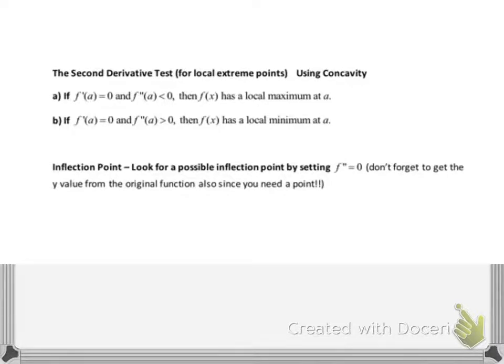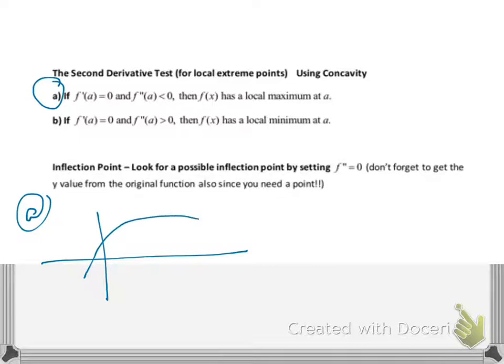So, for example, if I have a slope of 0, and we'll just say this is example A. Right here I have a slope of 0, and this is my A, and I take the second derivative and plug in A, and I get a negative value, then I know that A is concave down, so therefore I must have a max.